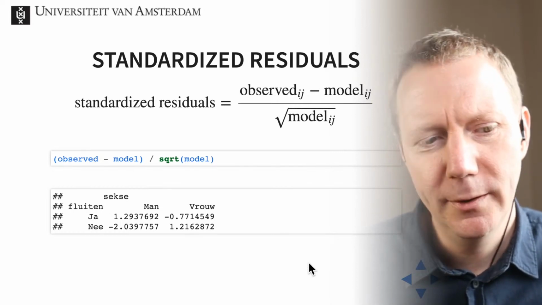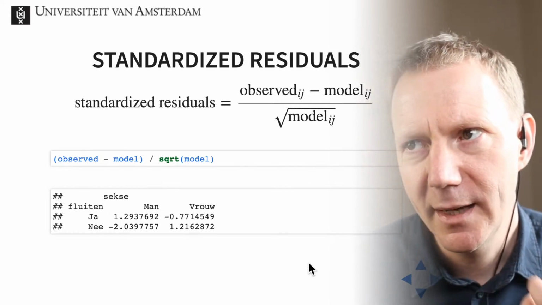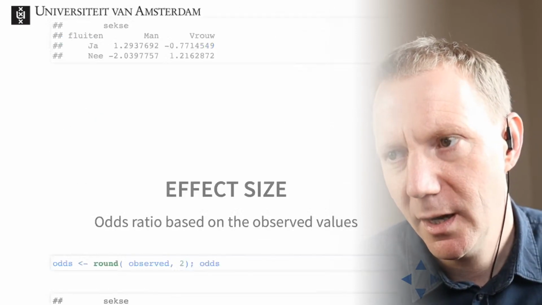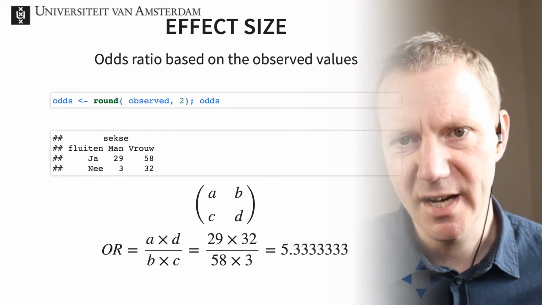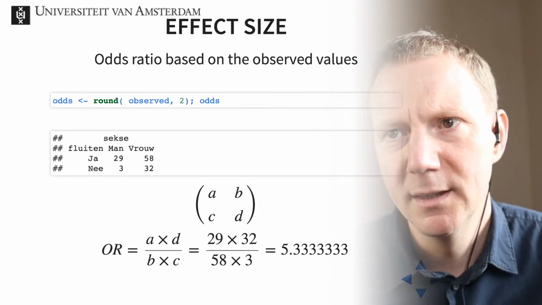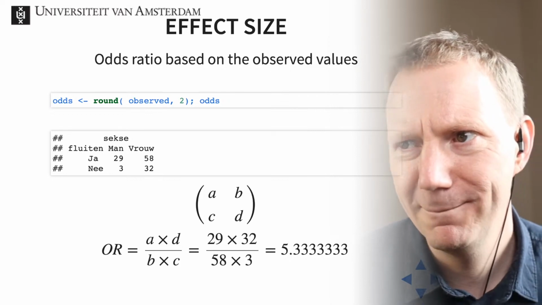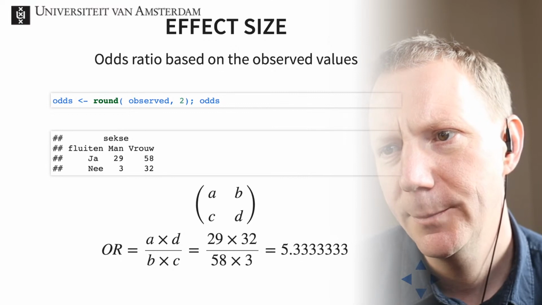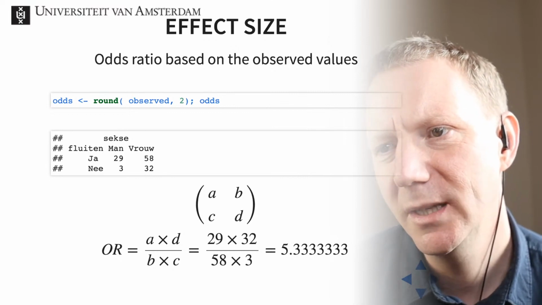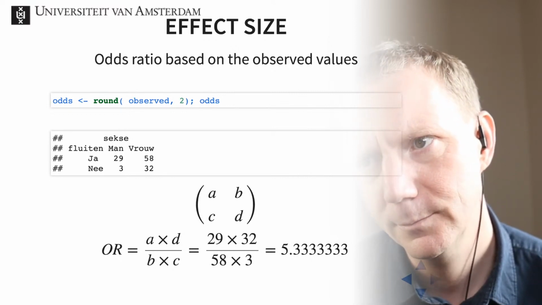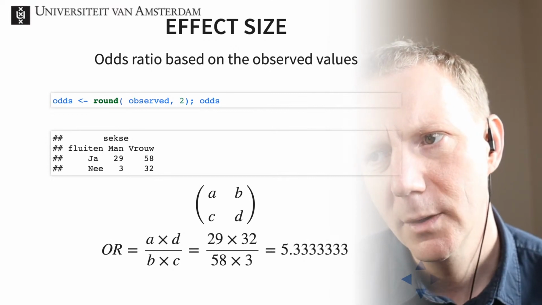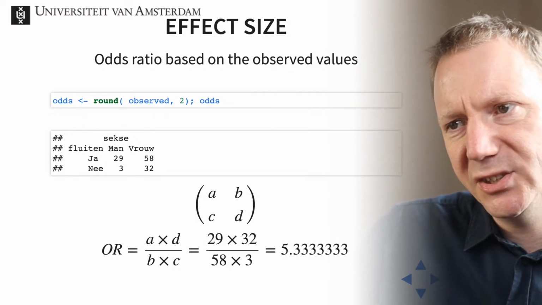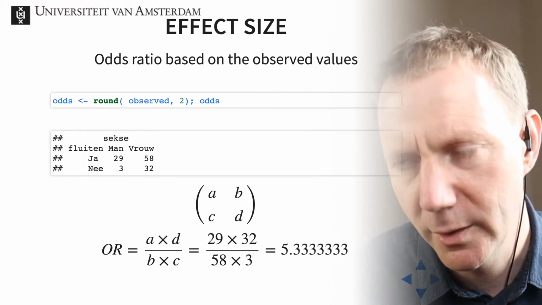So this is one way to look at it, just looking at the standardized residuals. The other way is to look at effect sizes, and these effect sizes within the chi-squared distribution actually look at, let's say, ratios that you have between the cells.